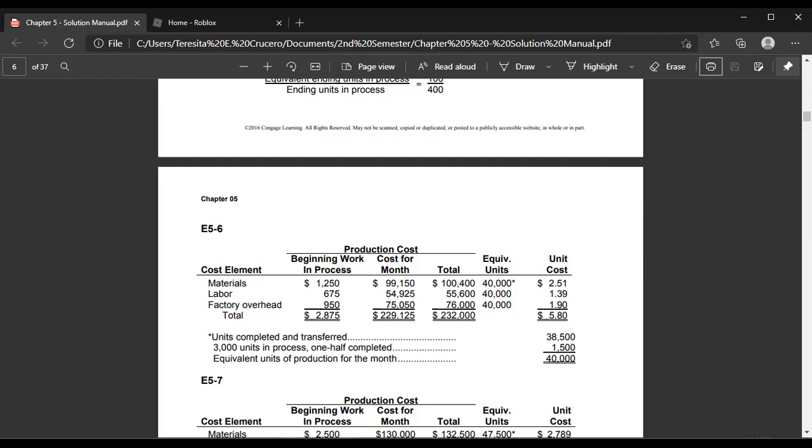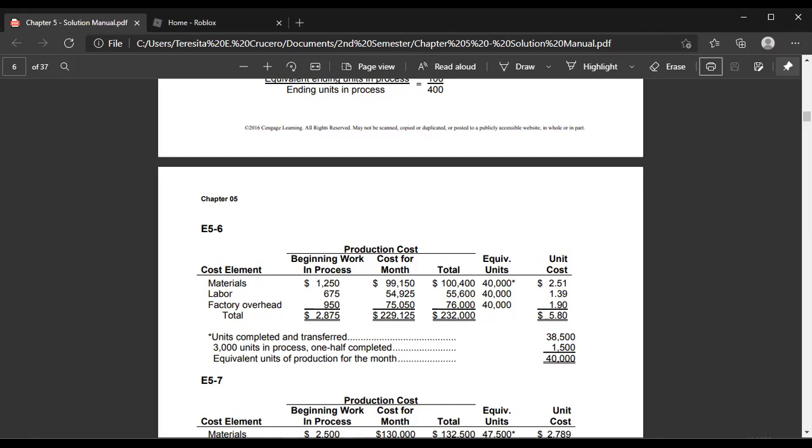The records of Boris Incorporated reflect the following data. Work in process, beginning of the month, 2,000 units, 1/2 completed at a cost of 1,250 for materials, 675 for labor, and 950 for overhead.